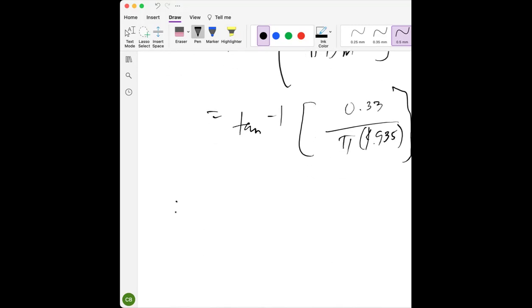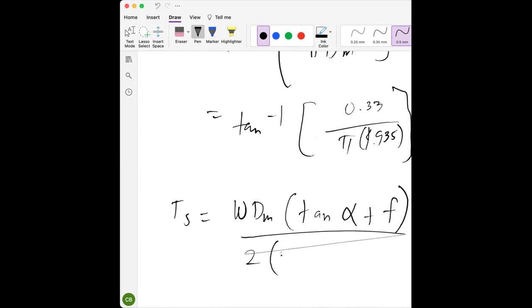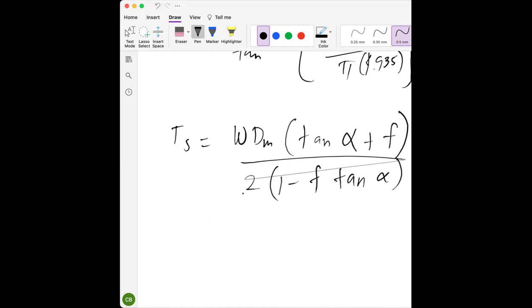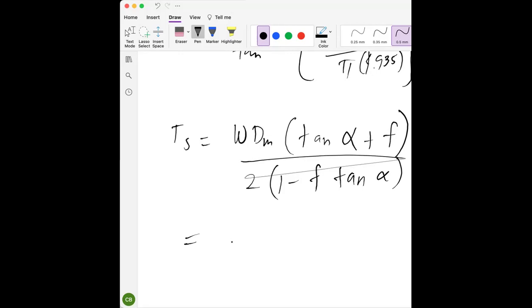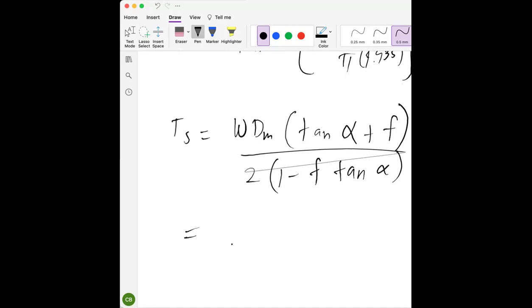So that would be TS is equal to the weight W multiplied by dm over 2, times tan theta plus f over 1 minus f tan theta. So you just do the substitution and you can get the friction in threads.